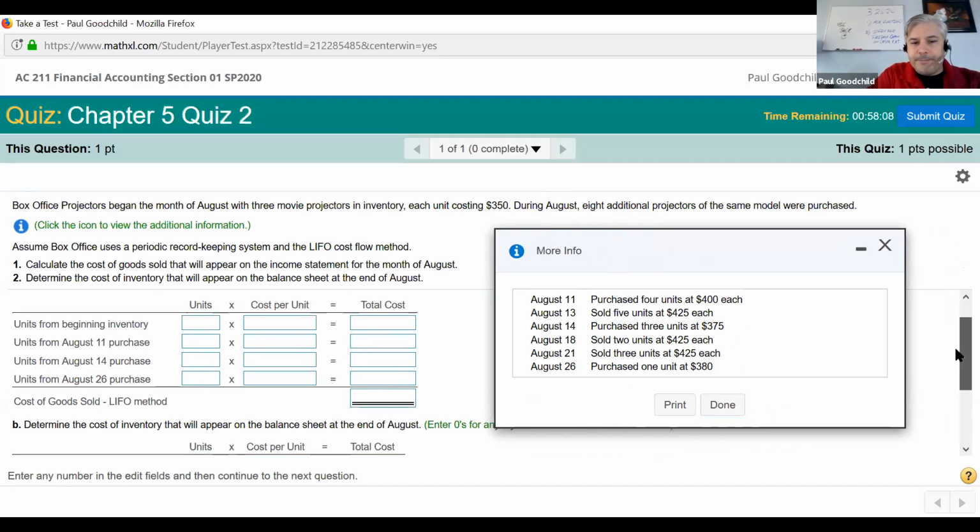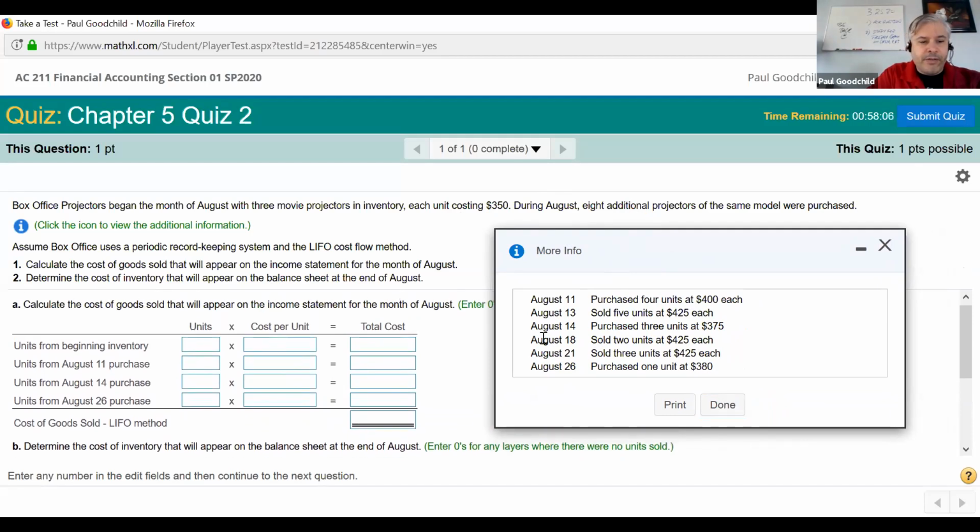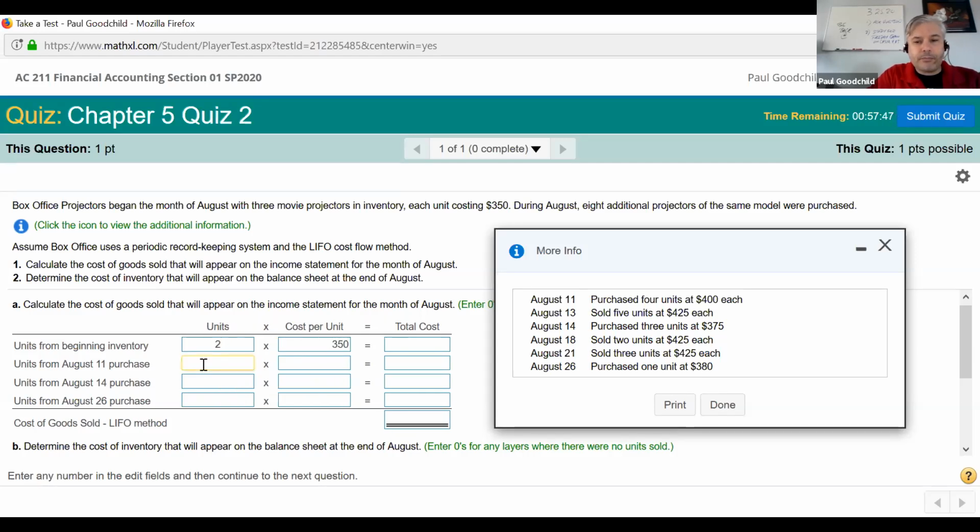It's asking for the first part, determine LIFO cost of goods sold. Since it's last in, first out, your batches from the beginning, you're going to have 1 left over. So you have 2, 350 from the August 11th purchase.